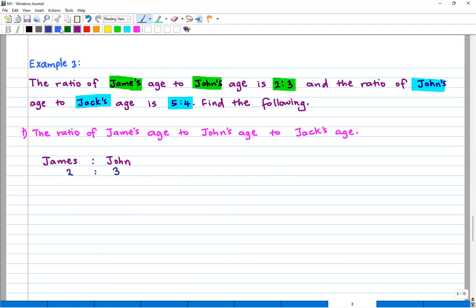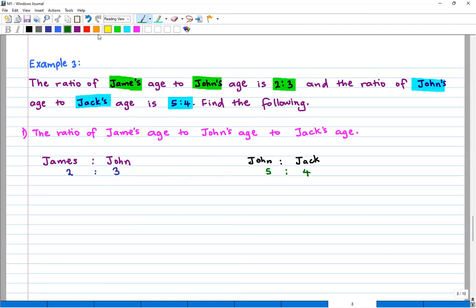Then John to Jack is 5 to 4. Now, what is the common part in these two ratios?